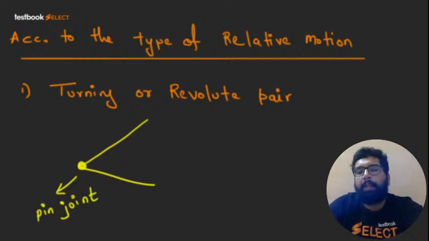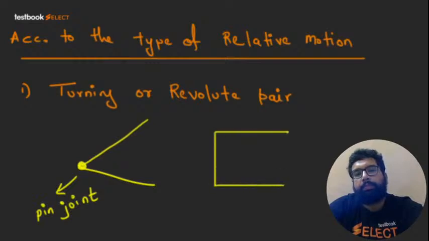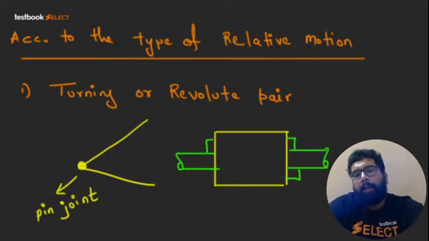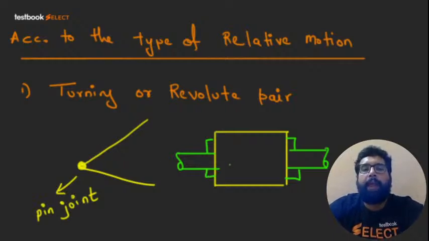Or we can say if some link is rotating with respect to the other link, they form a turning or revolving pair. When there is a pin joint like this, with collars obviously, this is an example of a turning pair, right? Now I want to ask you something.